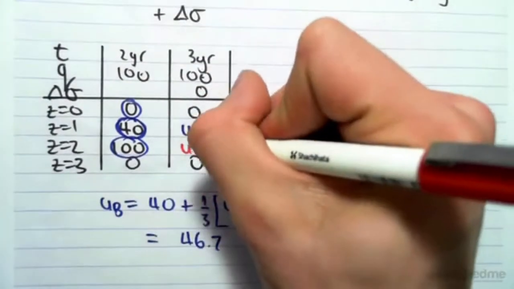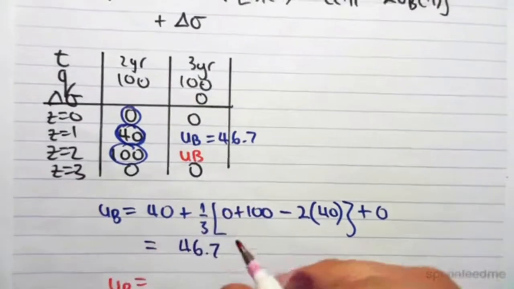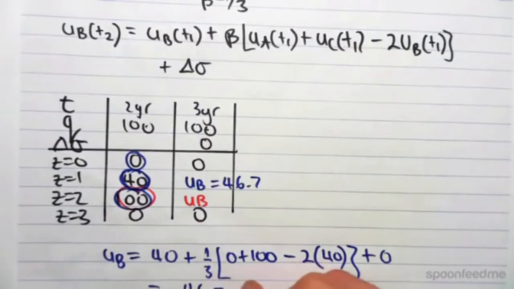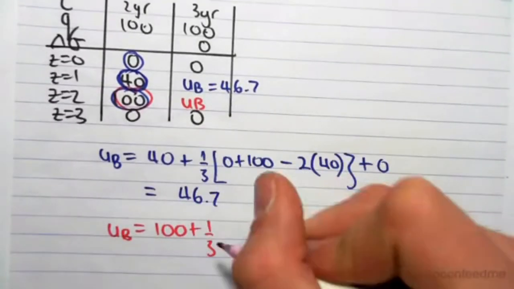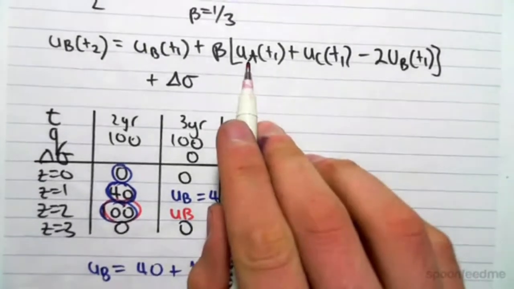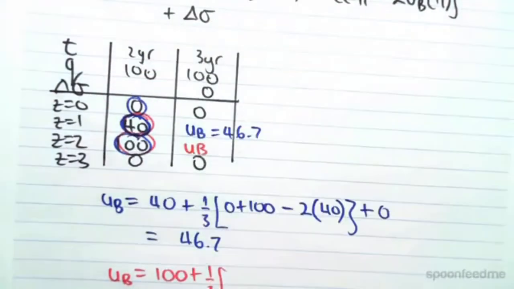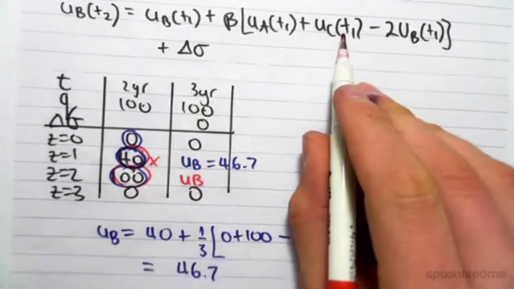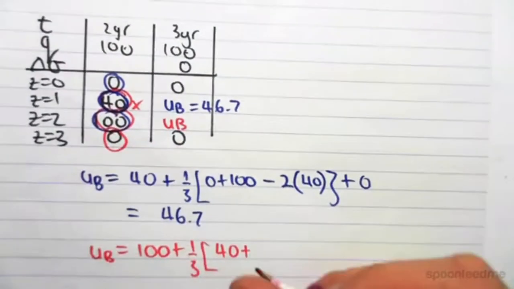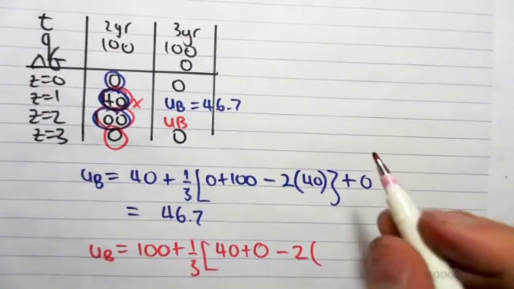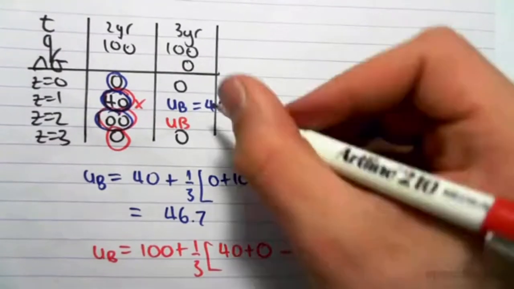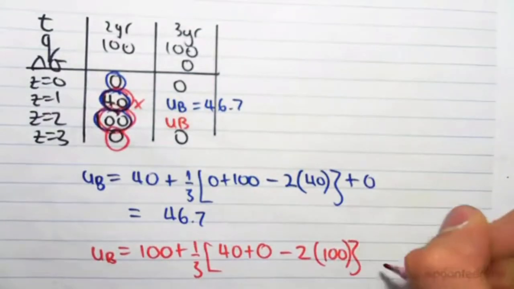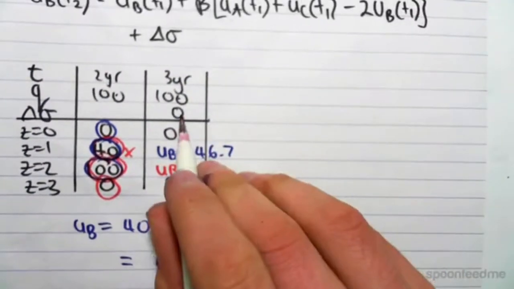If I now want to find this UB, that would equal the UB of time 1, so that would be there, so 100, plus the beta, so 1/3, outside of UA of time 1, so in this case it's now that value, so 40, plus the UC of time 1, so UC is now that value, so that's plus 0, minus 2 lots of the UB of time 1, so that would be this value again, so minus 2 lots of 100, plus the change in stress, which is still 0.